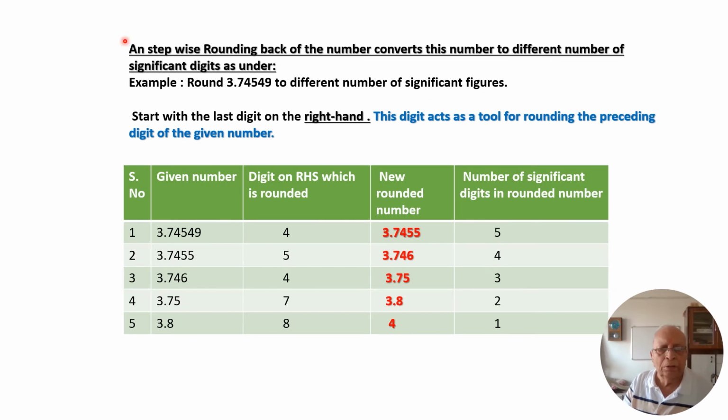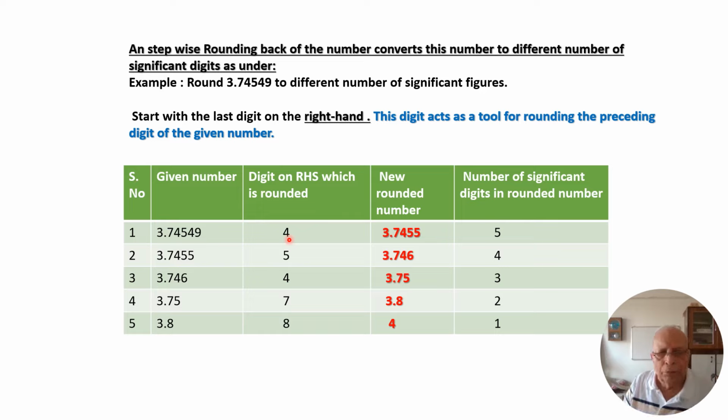Now here is the first case. A stepwise rounding back of the number converts this number to different numbers of significant digits as given below. I have picked up just an arbitrary number. It is 3.74549, and it can be rounded to different numbers of significant figures.